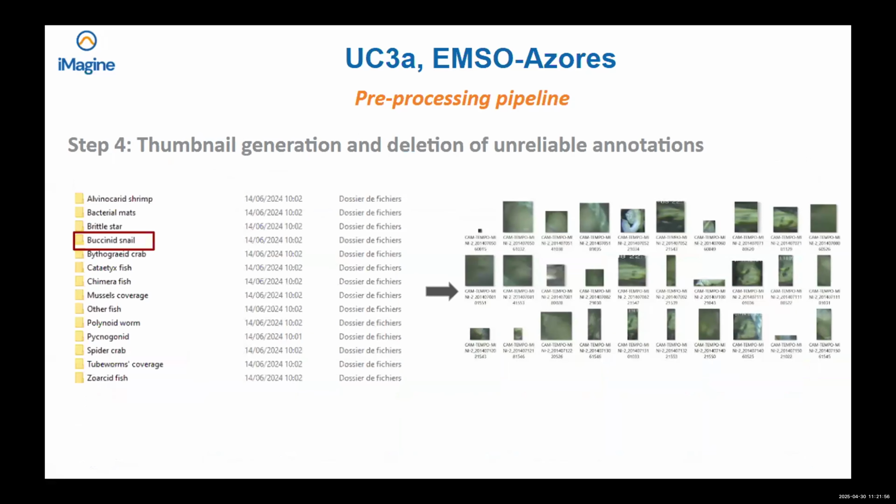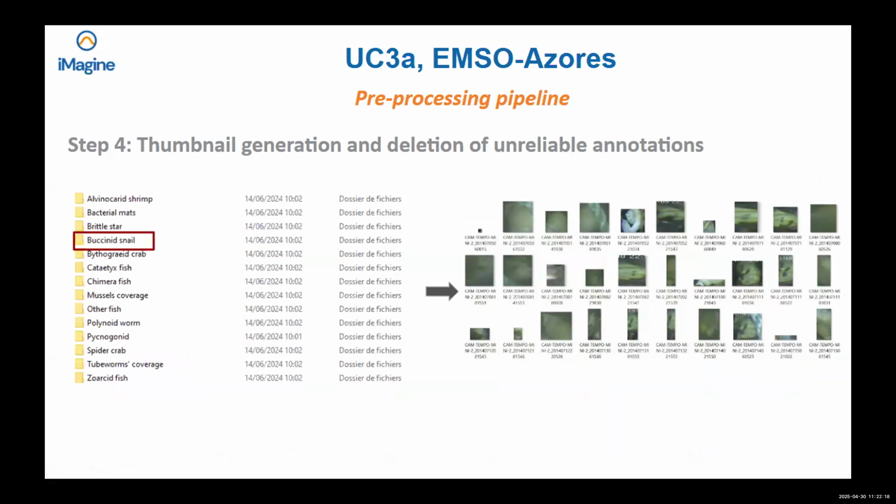The next step is a verification step to ensure our data is the cleanest possible. We provide a function to generate thumbnails from images and bounding boxes.